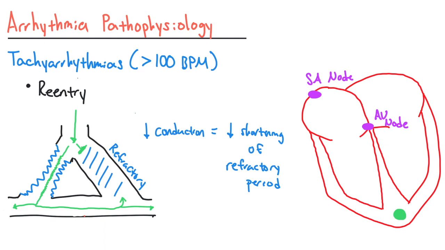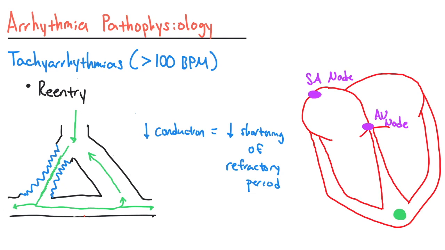At this point, maybe the right-hand branch has actually started to come out of its refractory period. It's actually able to be stimulated again. So now we see no more refractory on the right-hand branch, and this is happening at a specific timing when the signal that has traveled through the left branch of the reentry circuit is actually able to come back up the right branch of the reentry circuit.